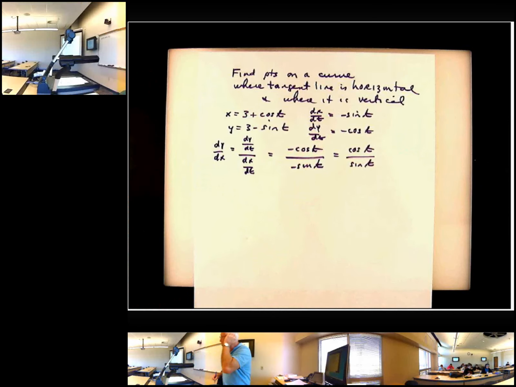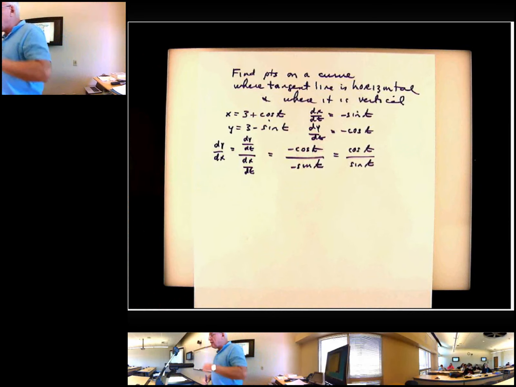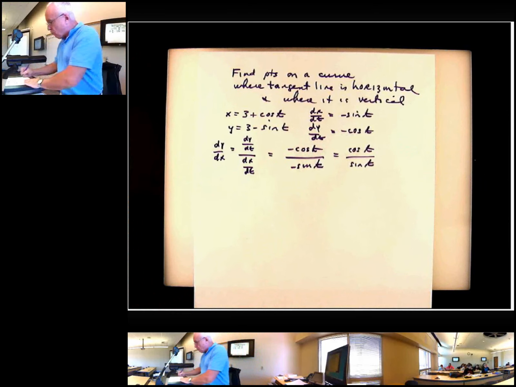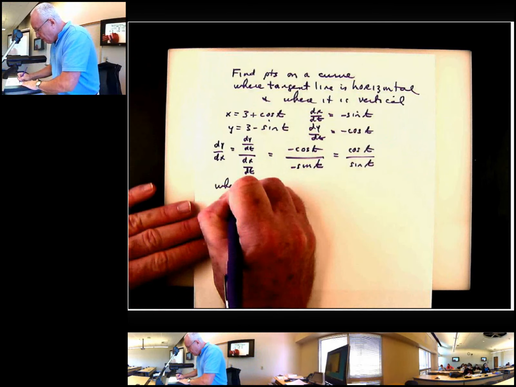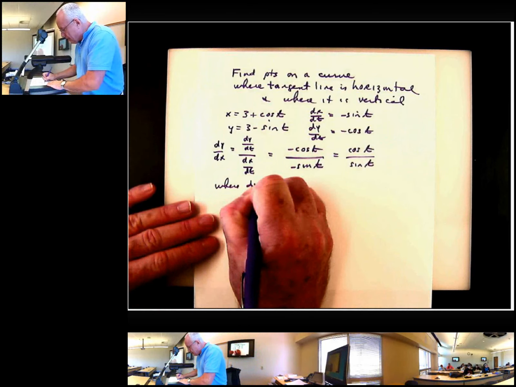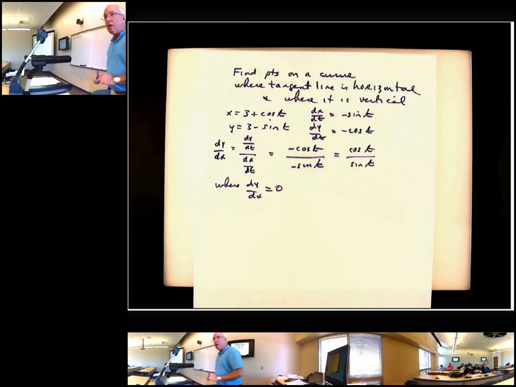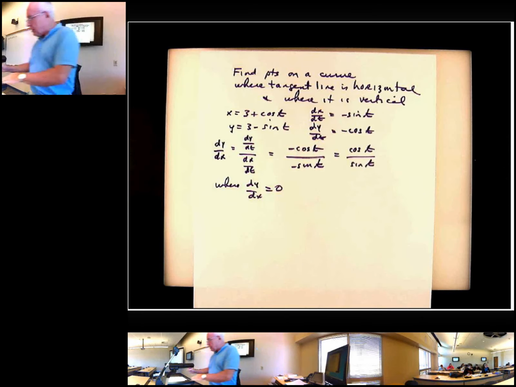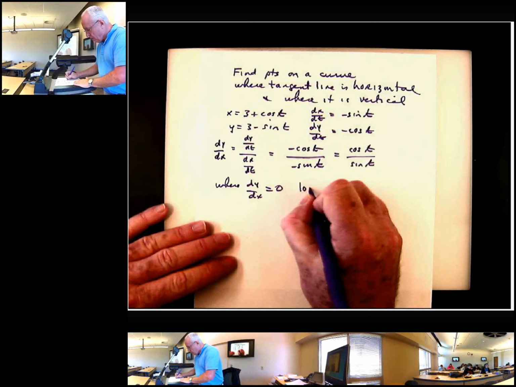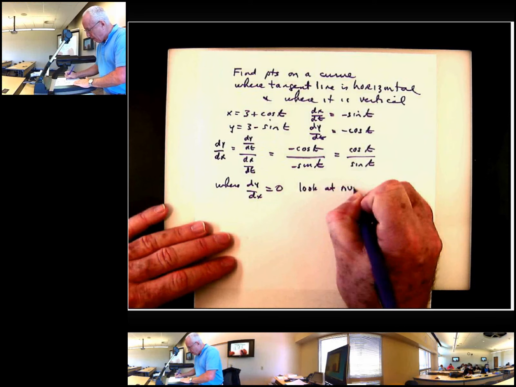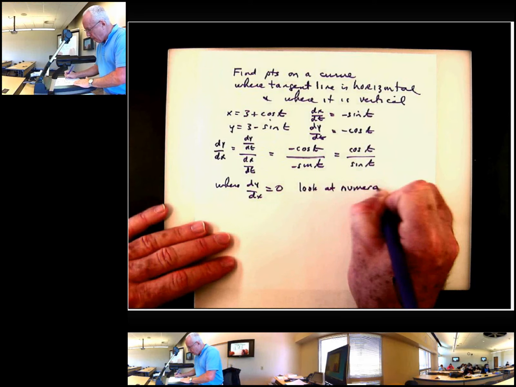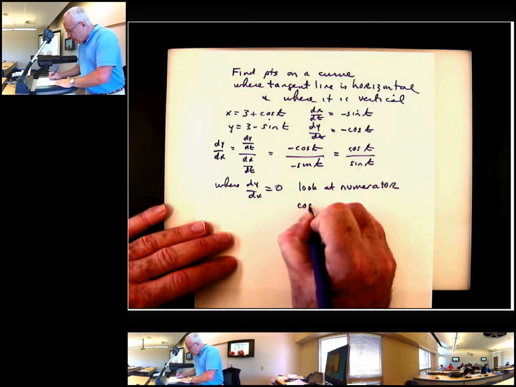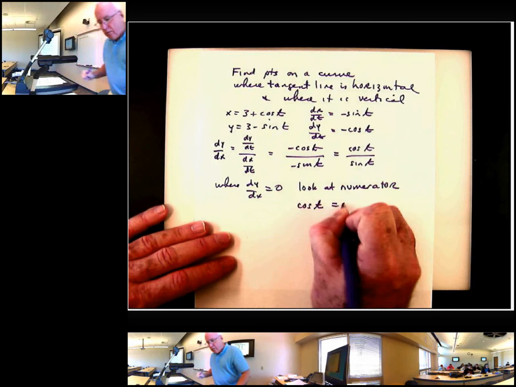All right. So to find where the tangent line is horizontal, that's, of course, where the derivative dy/dx is equal to 0. In this case, we need to look at the numerator. So the numerator is cosine of t, and we set that equal to 0.